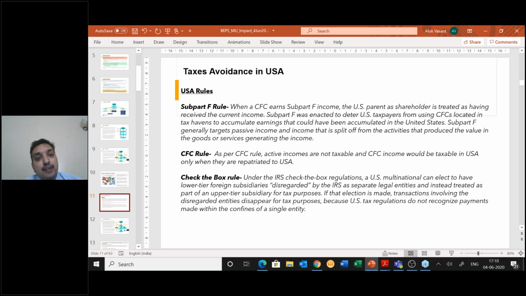Essentially, this rule says when a CFC earns Subpart F income, the US parent as a shareholder is treated as having received that current income. Now, Subpart F was enacted to deter taxpayers from using controlled foreign corporations located in tax havens to accumulate earnings that could have accumulated in the US.